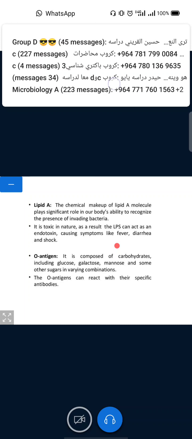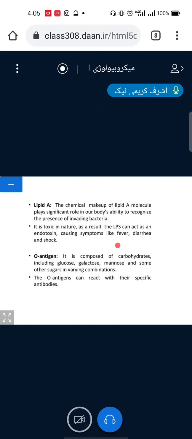For example, E. coli is a gram-negative bacteria that causes diarrhea. Or Salmonella is a gram-negative bacteria that causes fever, typhoid fever, or paratyphoid fever, Salmonella typhi.